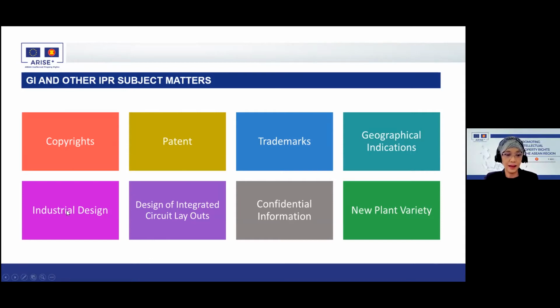And maybe we would like to remind ourselves a bit that the scope of protection is different. Copyright deals with artistic works and literary works, okay? Patent with technical inventions. Trademark with a sign, it's similar to GI, but different because trademarks deal with a distinctive mark.